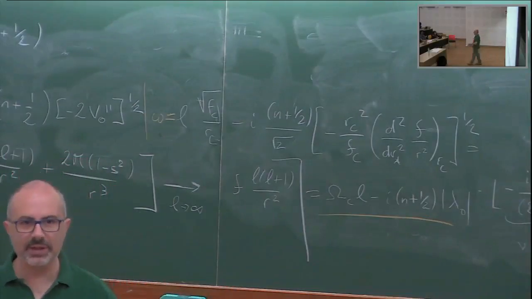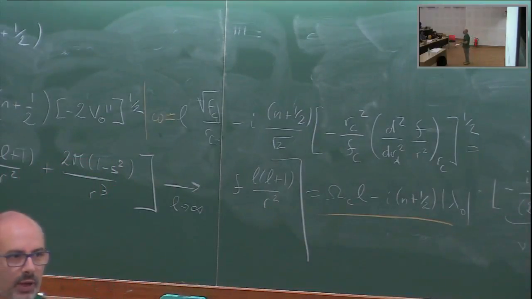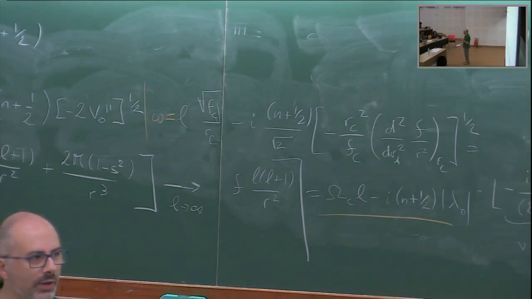The perturbation scheme that I've introduced here can be pushed to higher orders in the WKB approximation. Iyer and Will pushed it to third order, and more recently it was pushed up to sixth order in the WKB approximation.